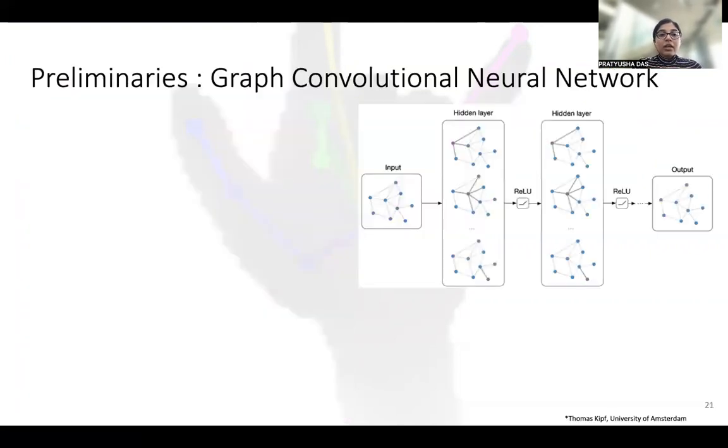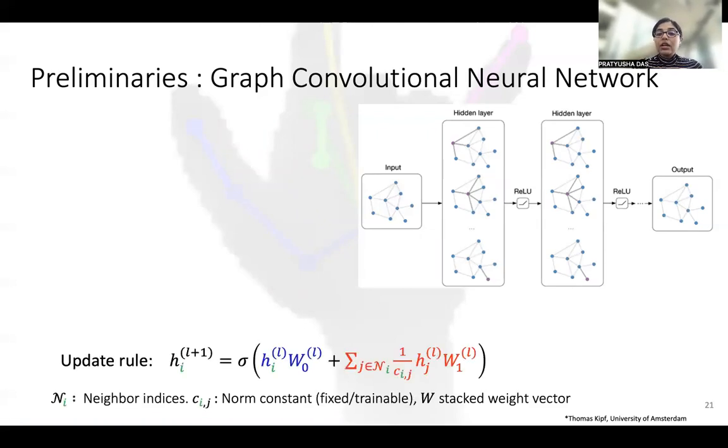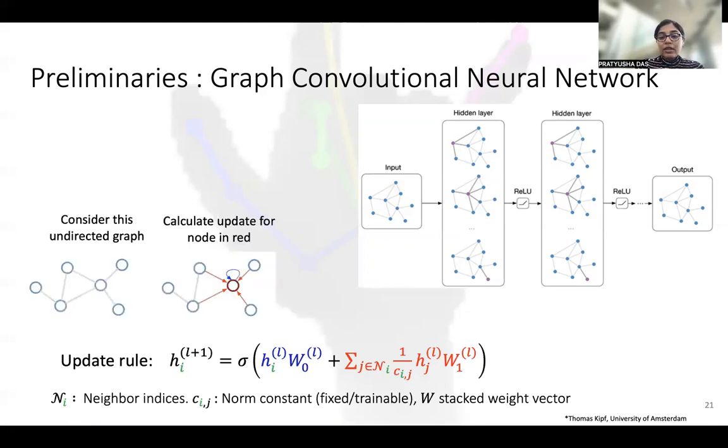Now, I'll just give you a little preliminaries on graph convolutional neural networks. Given this neural network, where you have seen multiple layers of graph convolution, what actually happens is that when we apply this graph convolution, it basically takes a weighted average of all the neighboring nodes and itself.